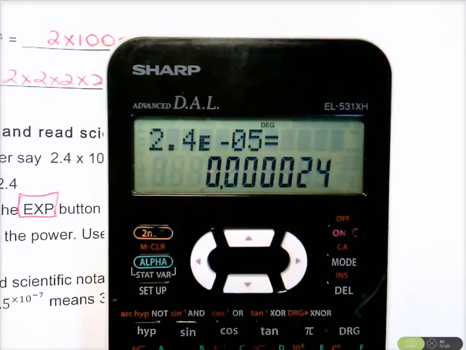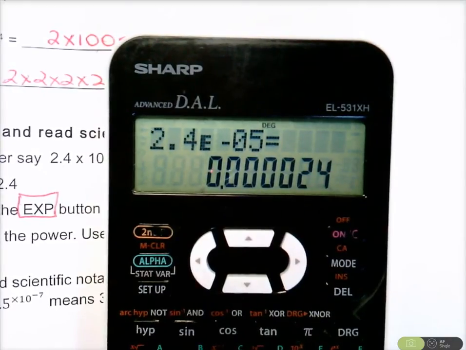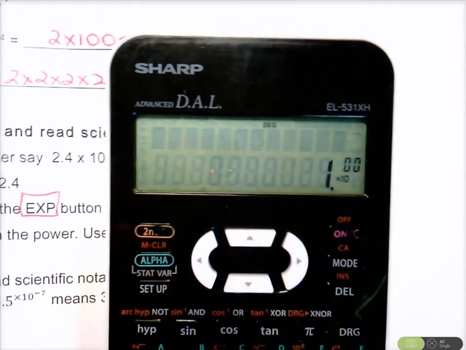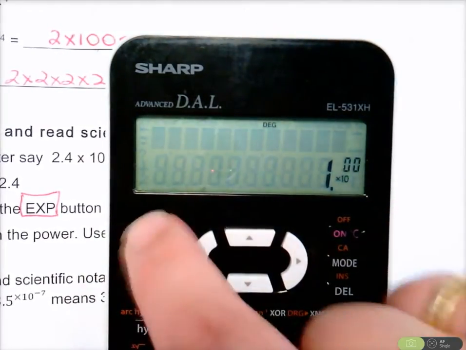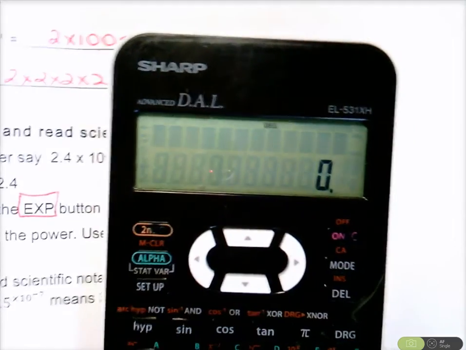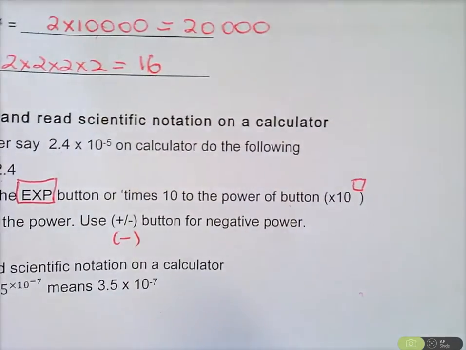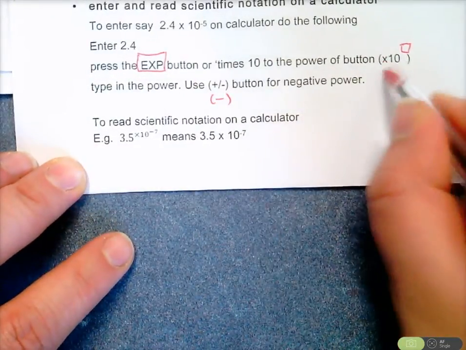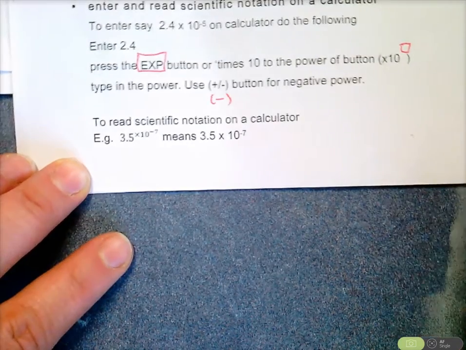I can press equals, but to get it back, shift, shift. No, I don't know how to get it back. Why do we need to get it back? Well, you don't need to get it back. The EXP button on your calculator will set up times 10 to a power for you.